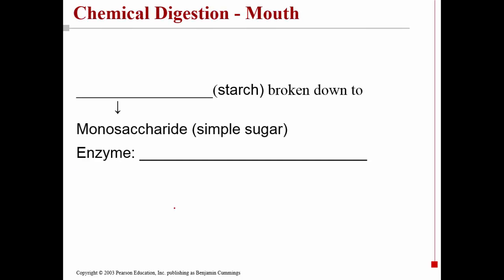So let's start with the beginning of the digestive tract with ingestion. As food enters the mouth, the only chemical process that occurs is on complex carbohydrates. Complex carbohydrates such as starch, which are found in potatoes or bread, are broken down to their building blocks, monosaccharides.